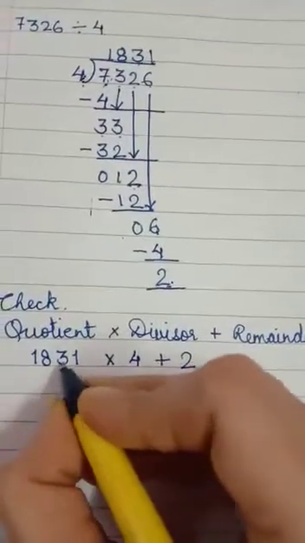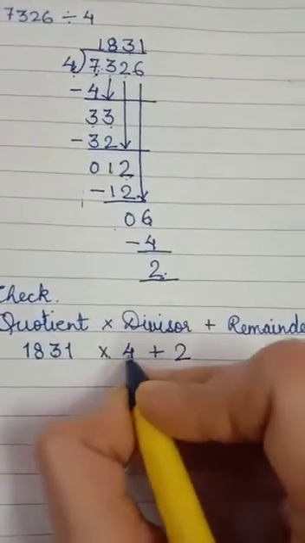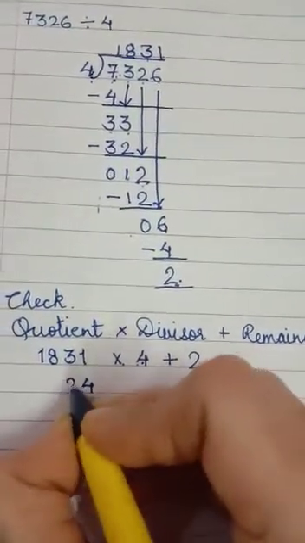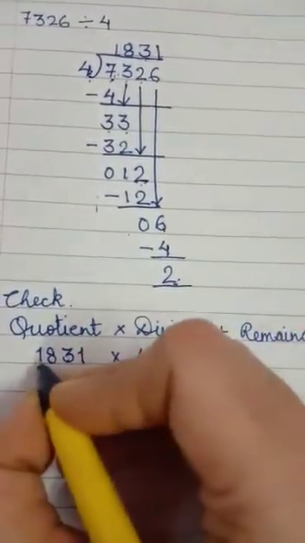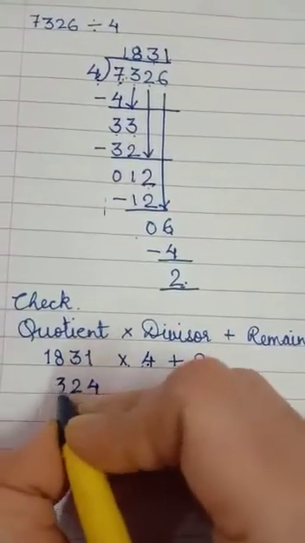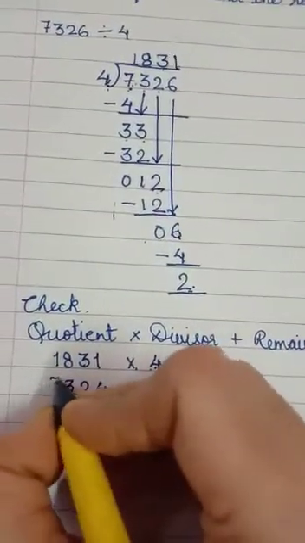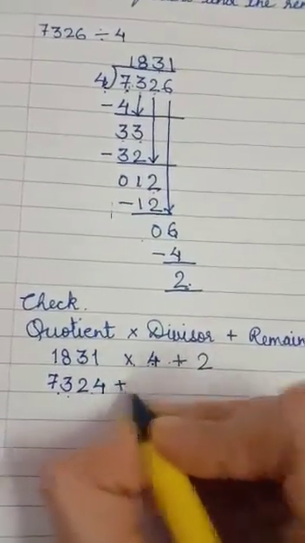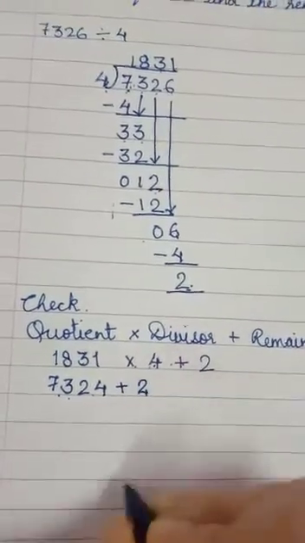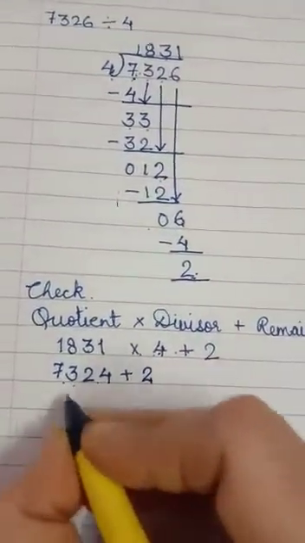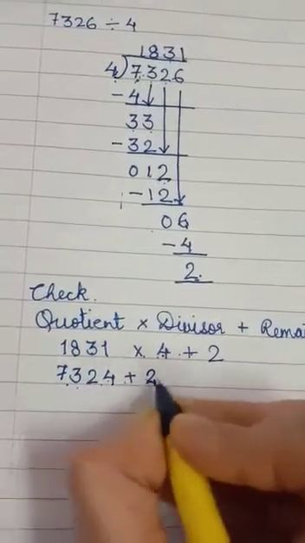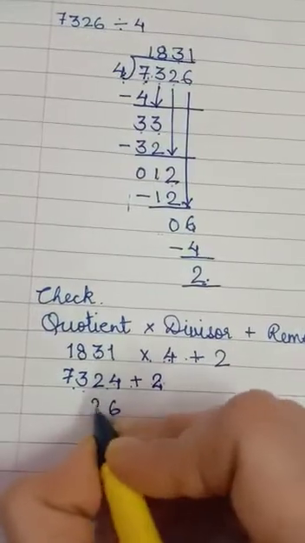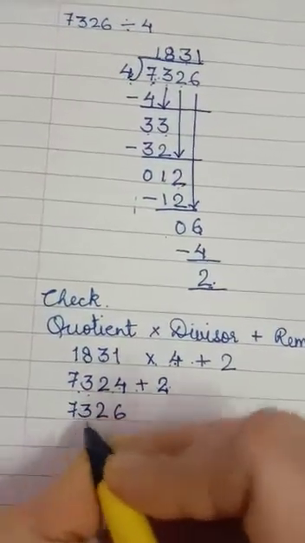So 1831 multiplied by 4. 4 ones are 4, 4 threes are 12, 4 eights are 32 plus 1 is 33, 4 ones are 4 plus 3 is 7. 7,324 plus 2.